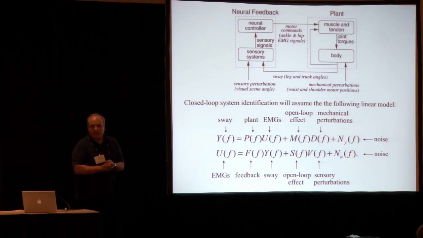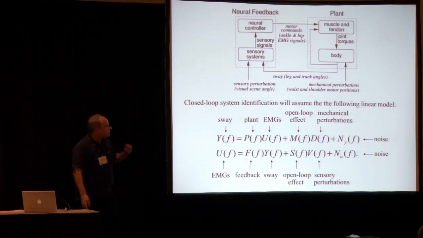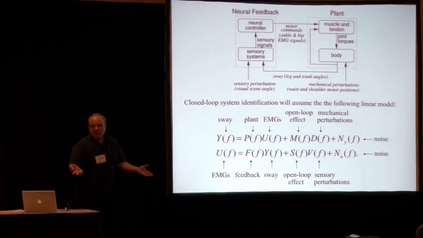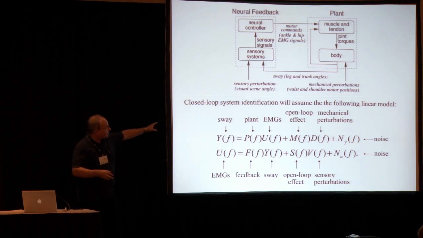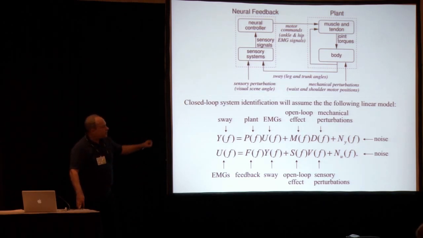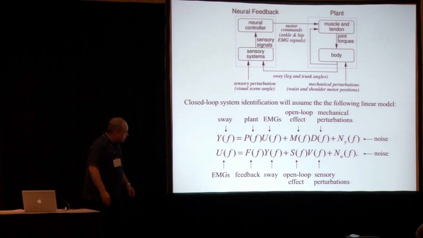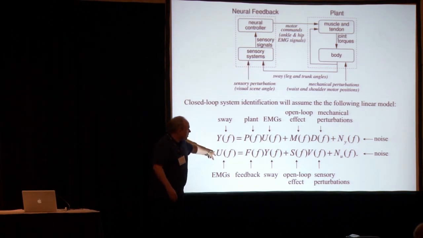Sway is produced by muscle activation as measured by EMG, and that's described by a plant P of F. If there are mechanical perturbations in the experiment, that affects sway, and that's defined by an open loop effect transfer function. I should have said that these equations are in the frequency domain. So the open loop effect of mechanical perturbations is described by a frequency response function M of F, and there's noise.